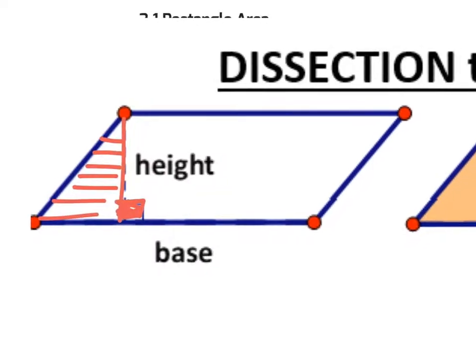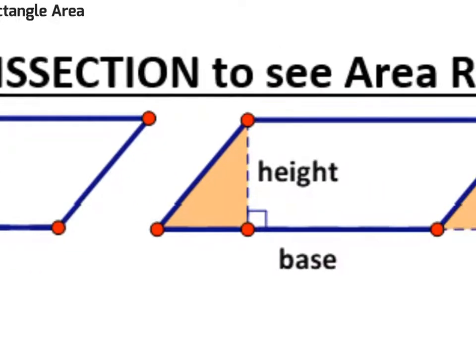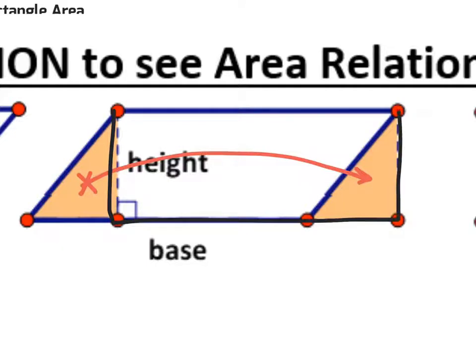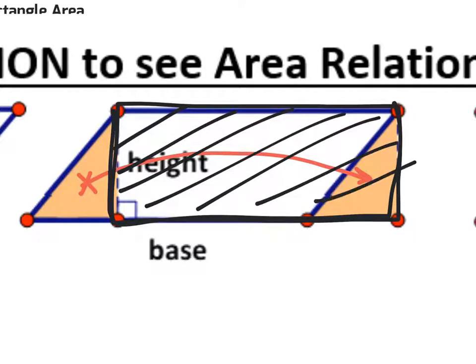And if we were to cut that area away, here it is again, it could move quite easily from this spot over to this spot. And as you can see, that would form a brand new shape right here. Hey, wait, that's a shape that you and I recognize, isn't it? That shape right there is a rectangle that we've formed.